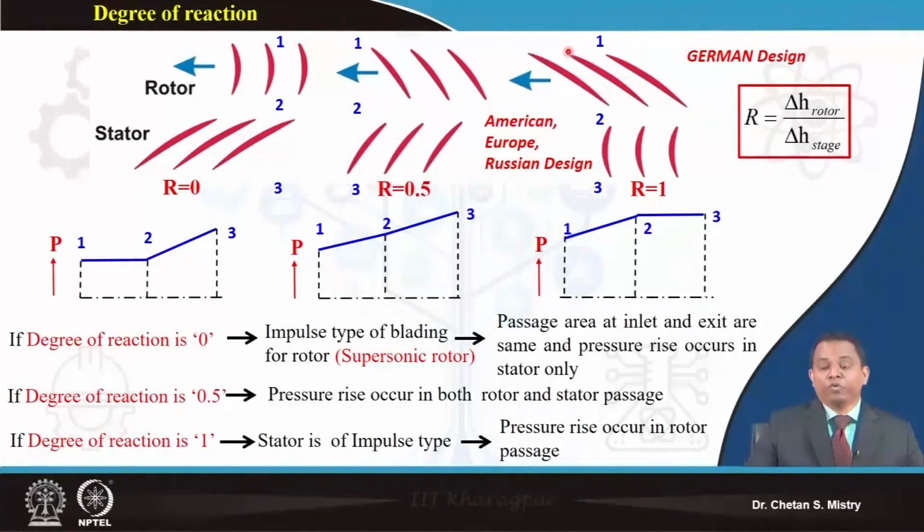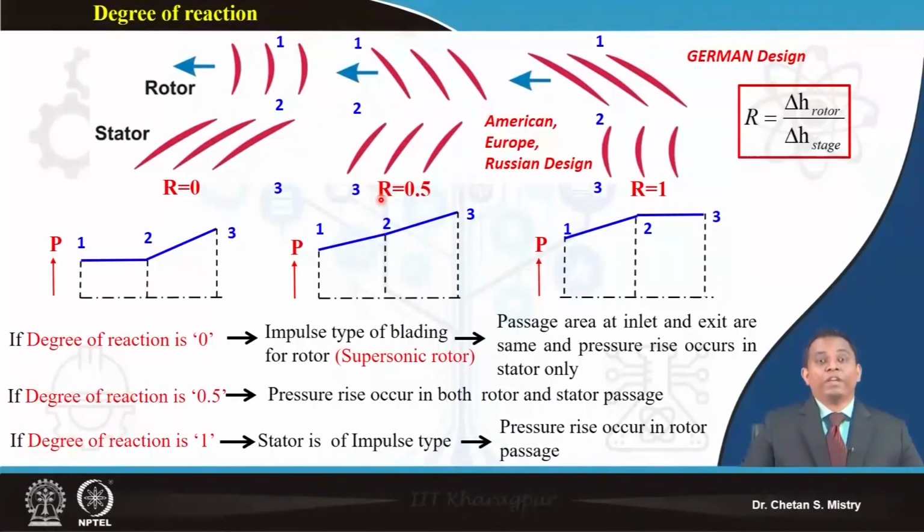So you will be having the diffusion happening only in rotor. And if we go carefully here, in this case my stators are of impulse type, where I am having my entry area and my exit area to be same. So this is giving us an idea of how my blade shape is changing.